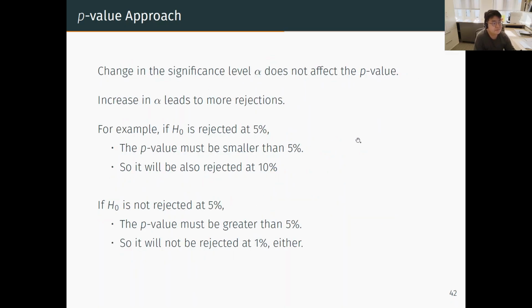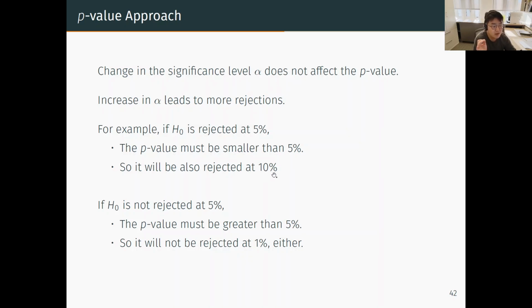What remains is just choosing the percentage, the significance level, how much you are going to reject. From this approach, it is clear that if you increase alpha, then you are going to reject more, because you understand alpha as the percentage of rejection. How many customers you are going to reject, right? Also the p-value does not depend on alpha. So if a hypothesis is rejected at 5%, it must be rejected at 10%.